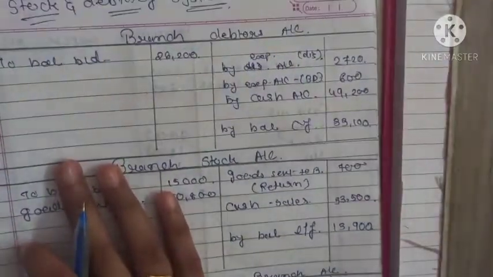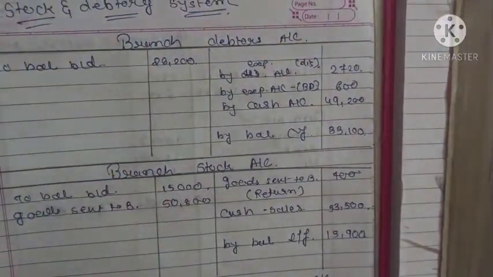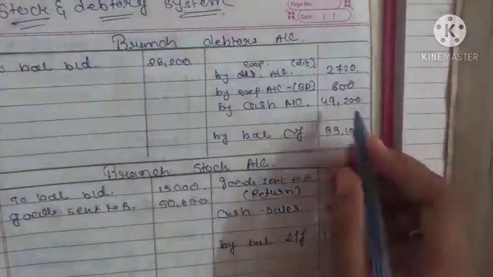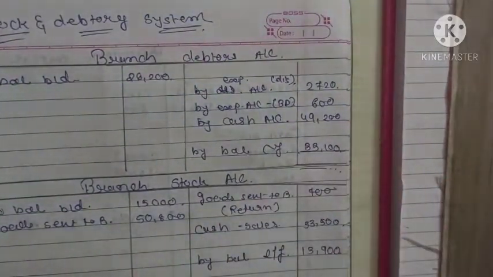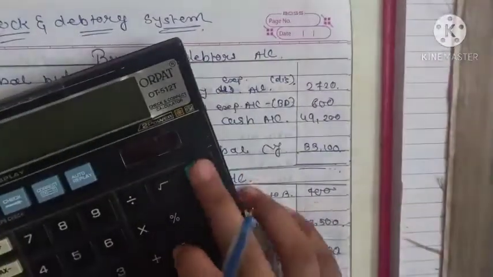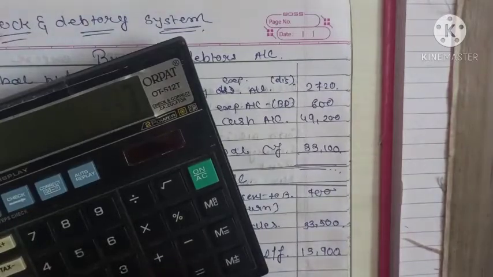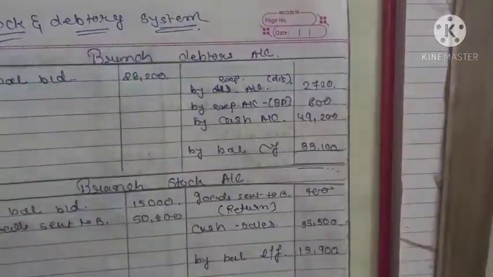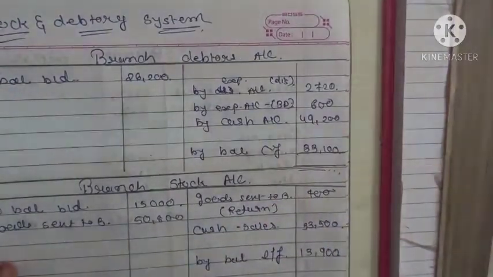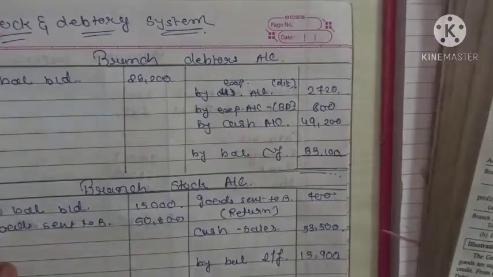Now we are going to close all the accounts, and carefully remember which entry goes in which account. Let's first close the debtors account. The total of the debtors account is 2720 plus 600 plus 49,200 plus 33,100. Really sorry, one entry I have missed out, that is goods returned by the debtors, that is 580.